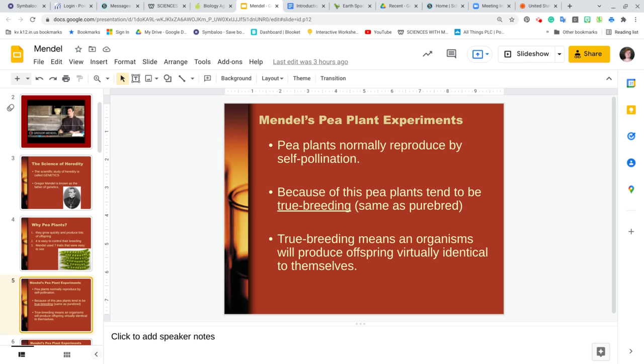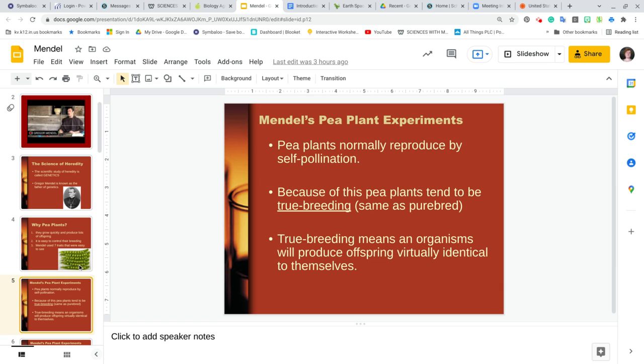Mendel's pea plant experiments. Pea plants were also nice because they reproduce by self-pollination. We didn't have to find a boy pea plant and a girl pea plant because they are true breeding and they have male and female parts in their flower, a perfect flower.